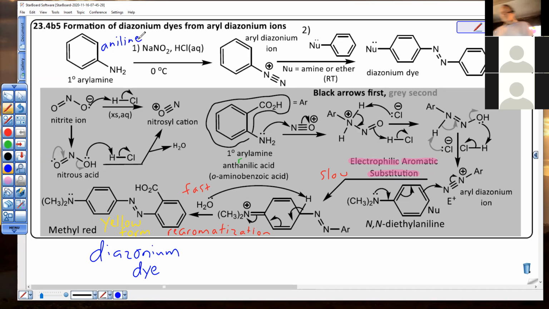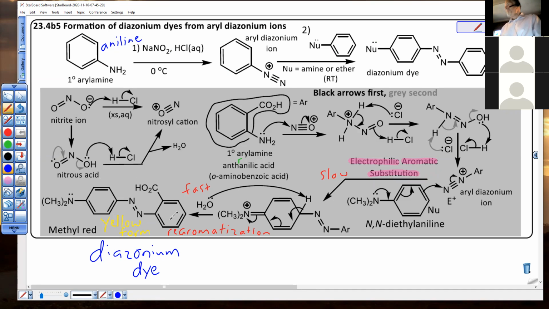And let's look at this molecule. And since we're here, let's look at methyl red as an example. One of these pieces was an aniline, and the other piece was the nucleophile.